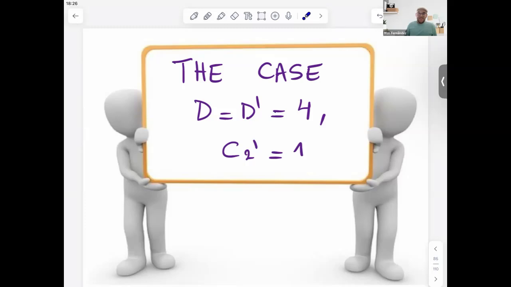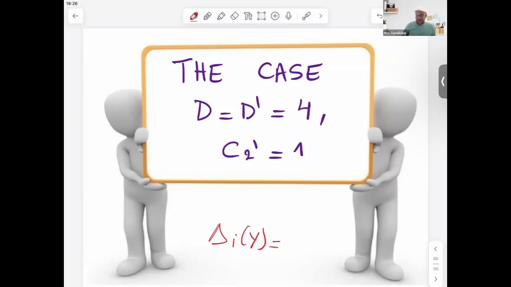In this analysis, it is harder, and so we will split the cases according to the different values of c2 prime. This is because of the expression that we have for our scalars delta i.